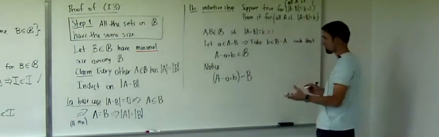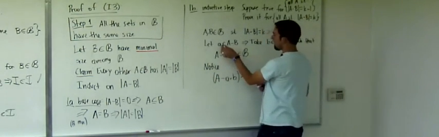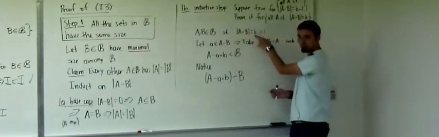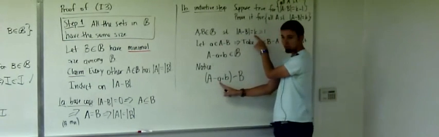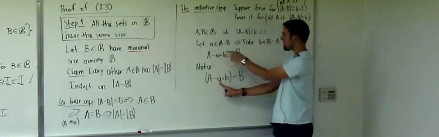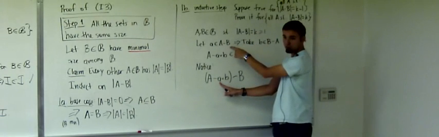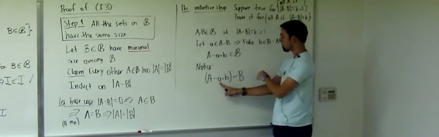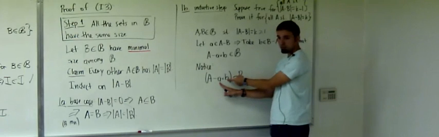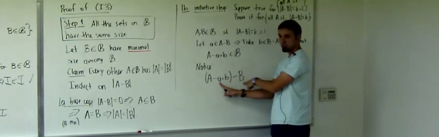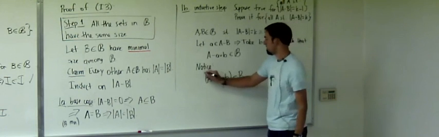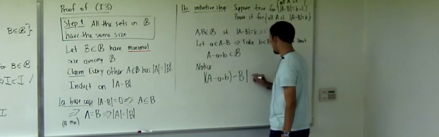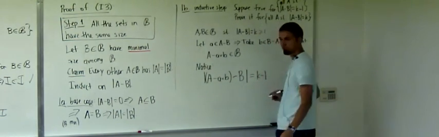K minus 1. Well, A minus B had K elements. Now, I got rid of A, which was in A minus B. So I lost one. So now I have K minus 1 elements. And I added B, but B is in B, so that doesn't count. So therefore, this is equal to K minus 1.